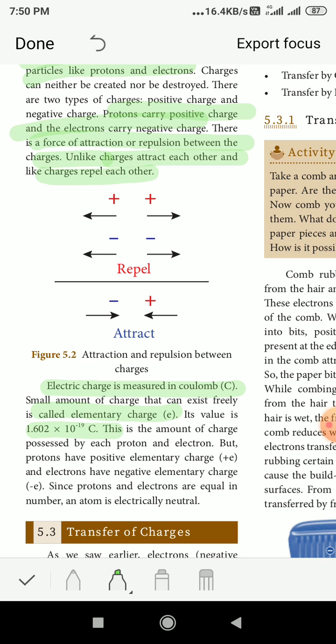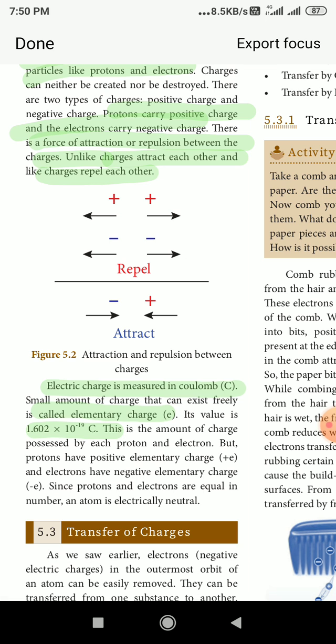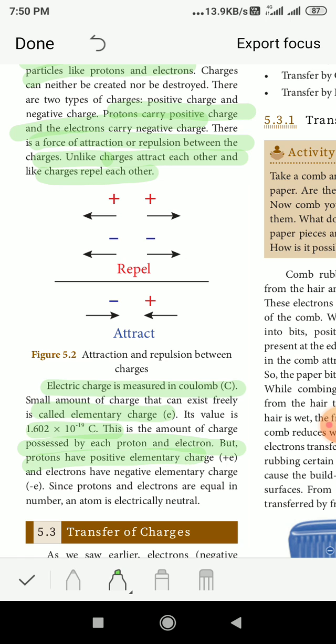This is the amount of charge possessed by each proton and electron. So what is an electric charge? The amount of charge possessed by an electron is called the elementary charge. The electrons have a negative elementary charge, the protons have a positive electric charge, and neutrons are always neutral.